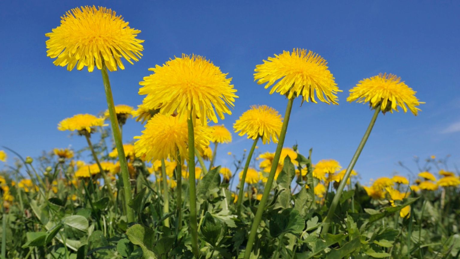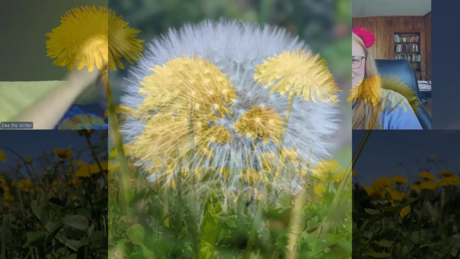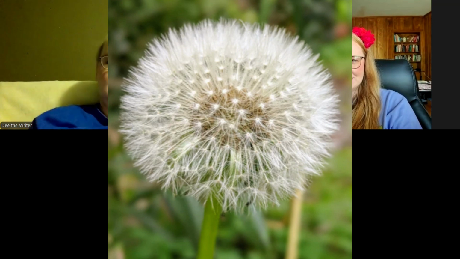Sorry. The next one, people have a love-hate relationship with. Can you guess? The dandelion. Okay. The dandelions, they're everywhere. You see fields of them in rural areas, and you will also see them growing up through the cracks in a sidewalk.